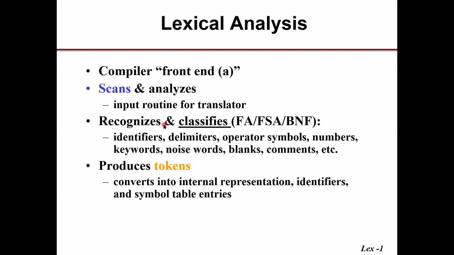Because as we scan input and recognize it, we then classify it as entities of specific types so that we can say, yes, this is correct input based upon the rules for this particular language. So the types of things that we could recognize and classify are identifiers, delimiters, operator symbols, numbers, keywords, noise words, comments, blanks. All these types of things are items that we can create rules for so that we can recognize it and classify it as any of these things.